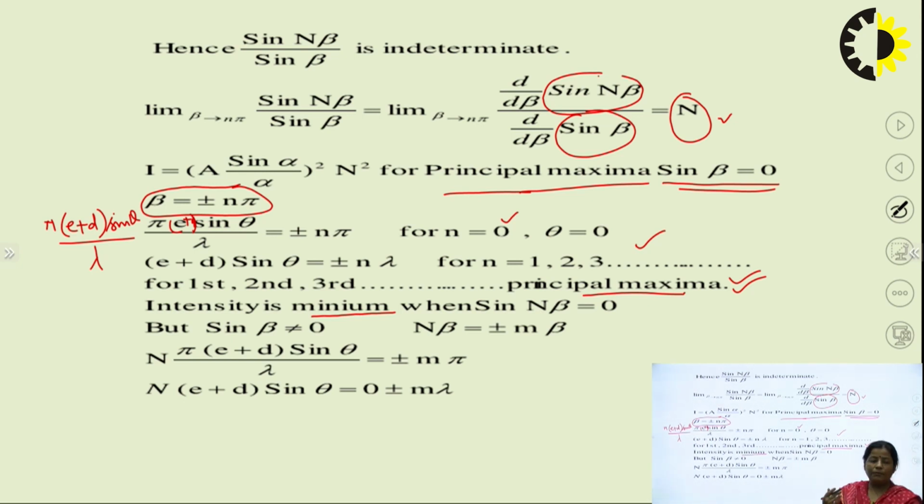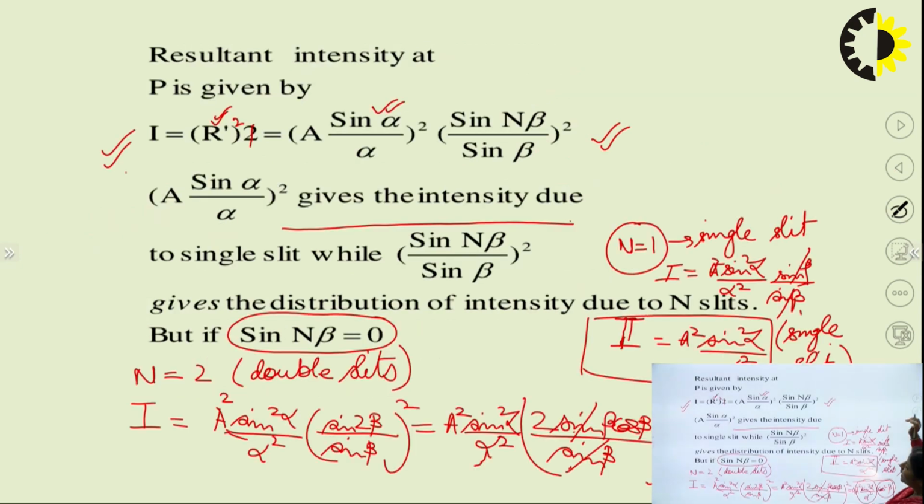Every time we identify some position, we have to take the help of intensity, because I have told you in the diffraction it is the intensity which is monitoring the entire pattern, and in the interference it is the path difference. So we again go back to the expression of intensity, and have a look at what will happen if intensity is minimum.